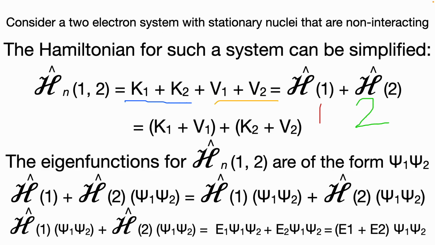Since the first component Hamiltonian is only going to apply on psi1 because it only has the variables pertaining to the first electron, what we get is E1 times psi1 psi2.